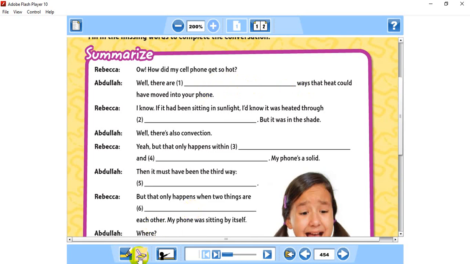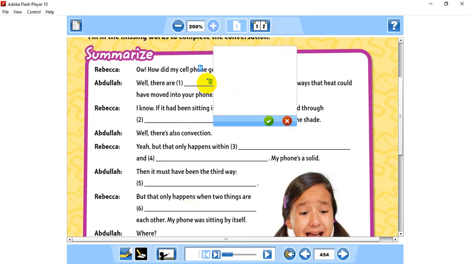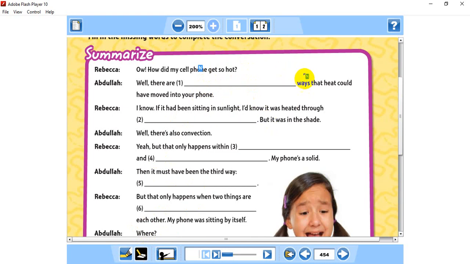So I will write here, there are three ways. The three ways are conduction, convection and radiation. So heat has moved into your phone by these three ways.